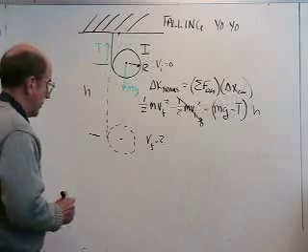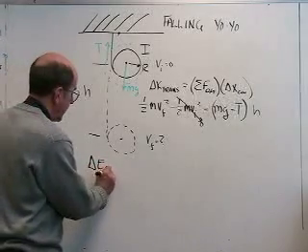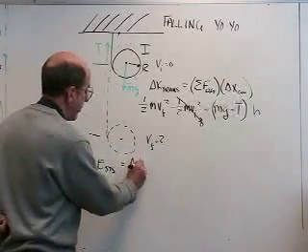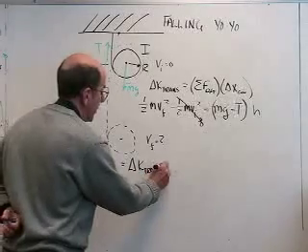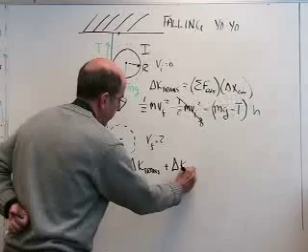Let's see, I think what I can do is I can say that the change in energy in the system is equal to the change in the translational kinetic energy, plus the change in the rotational kinetic energy.